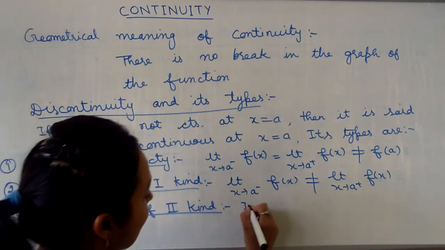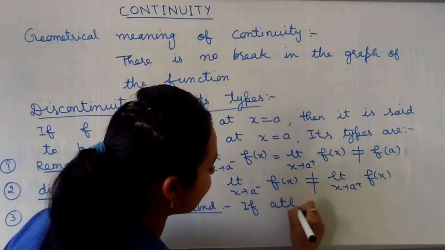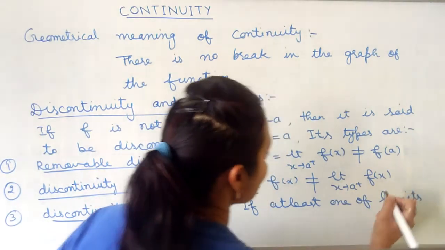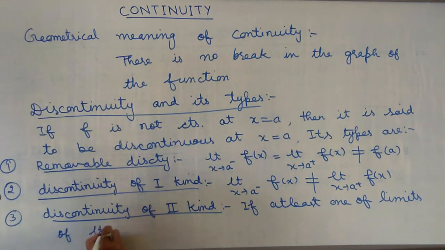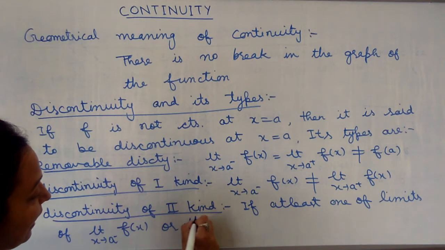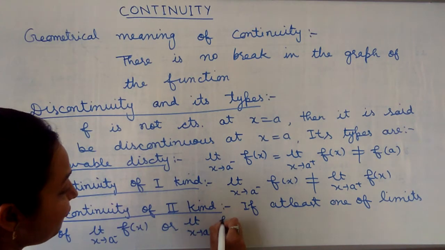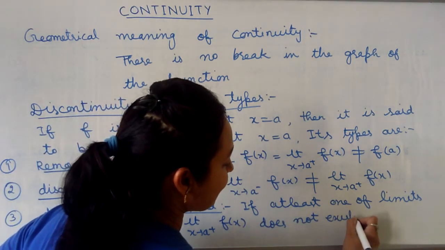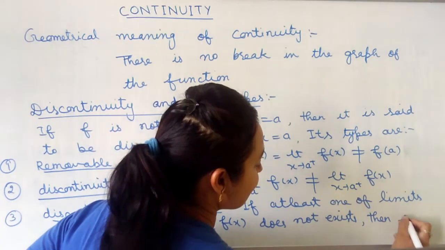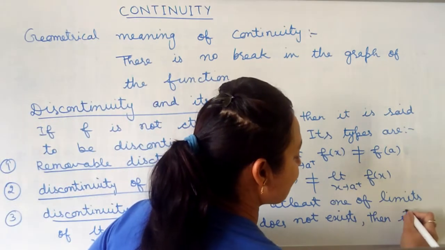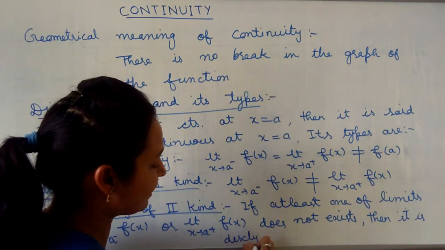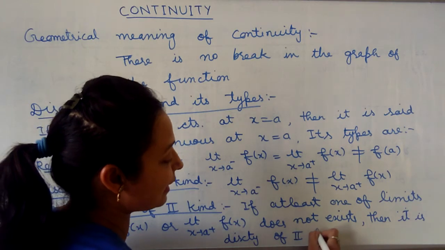If at least one of the limit as x approaches a from the left or the limit as x approaches a from the right of f(x) does not exist, then it is said to be discontinuity of second kind. Okay, so this is the second kind discontinuity.